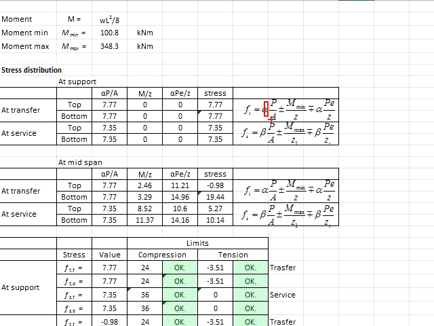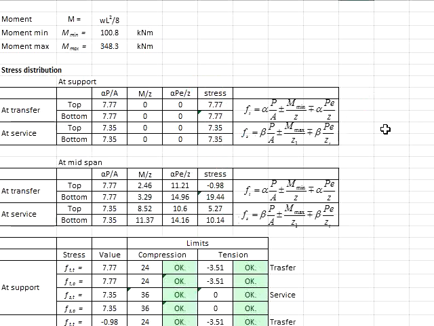The alpha is meant for the transfer and the beta is for the service state. The M-mean is meant for the transfer stage. M-max is for the service stage. The Z top and Z bottom refer to the top beam and bottom beam.